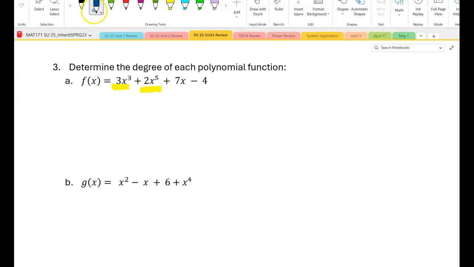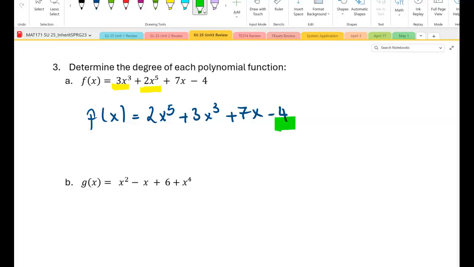So convert it into standard form, which means write the highest degree first, following the next second highest, and make sure that your constant is the last term. Then decide the polynomial degree, which is 5. Right, we're going to do a similar exercise on the next one.